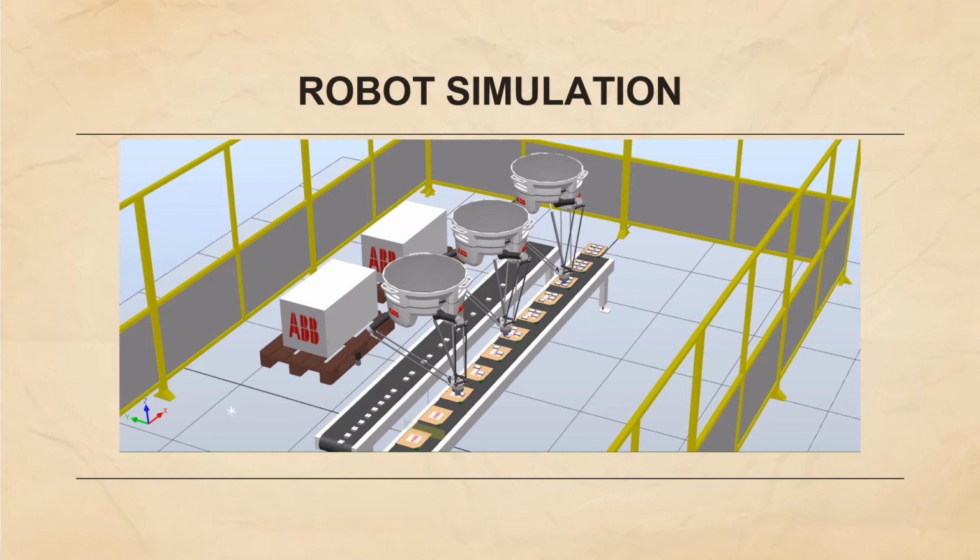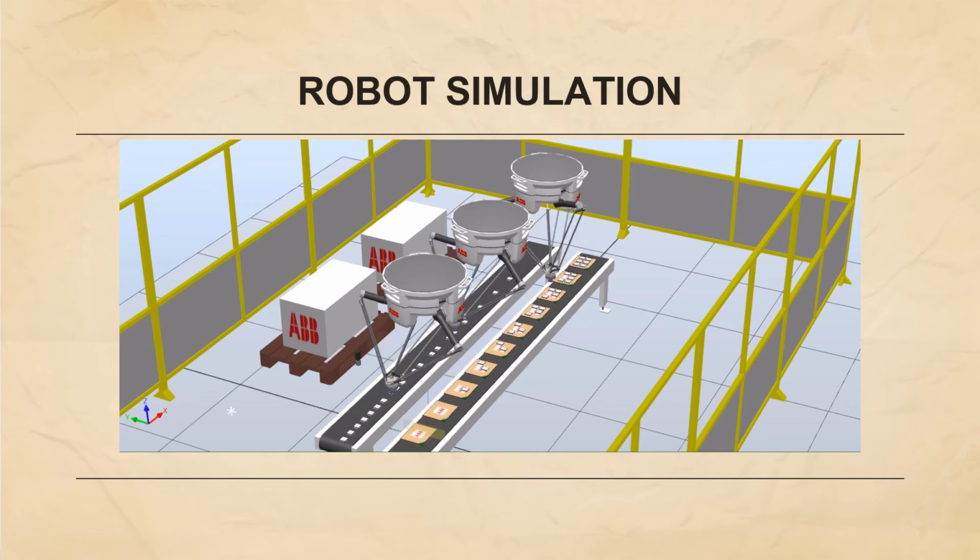The first Delta robot takes the box and moves it to conveyor 2, and the second and third Delta robots do the same.